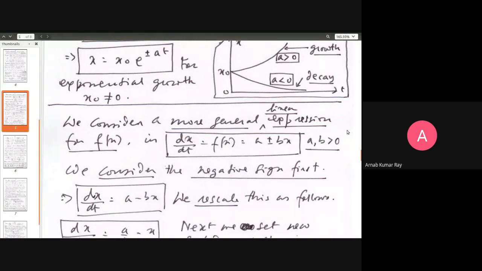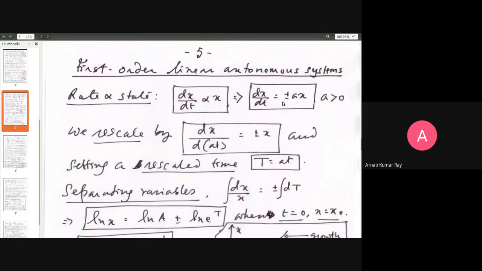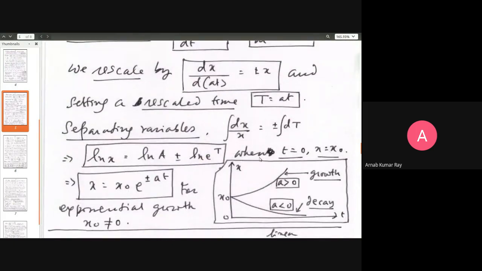If dx/dt is equal to 0 on setting x is equal to 0, then I should not set t equal to 0, x is equal to 0 as my initial condition. Because in that case, the system will become just a dud. It will not do anything. As in here, if you set x equal to 0, then dx/dt will be equal to 0. So that kind of a system can't grow or do anything. It's just a trivial system, right?